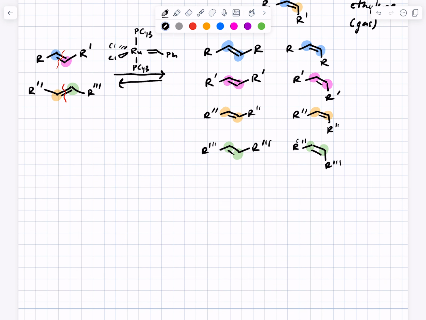Then you would have all the possible combinations of blue and orange, blue and green, pink and orange, pink and green. Let's see, that's blue and orange, right?